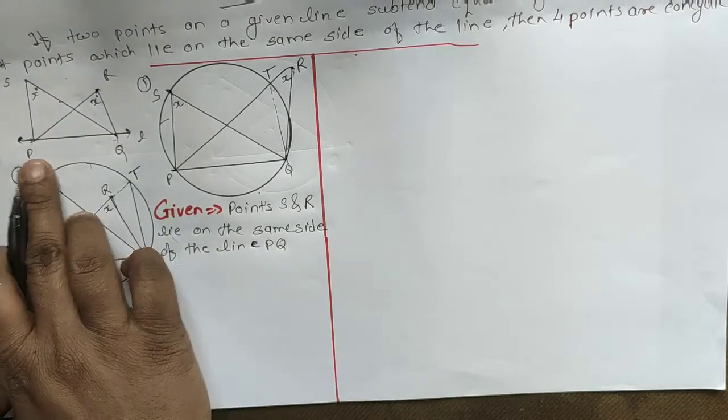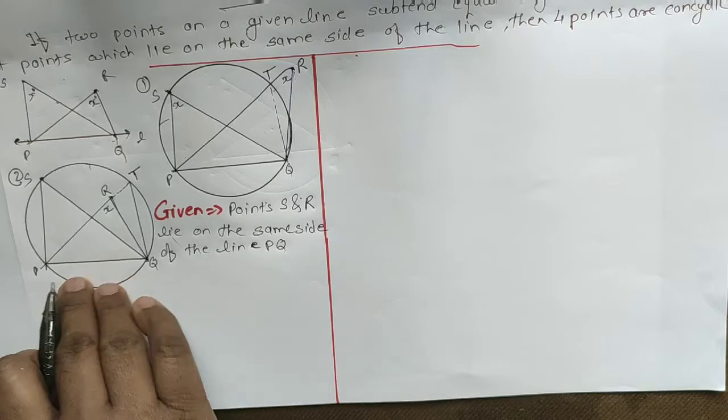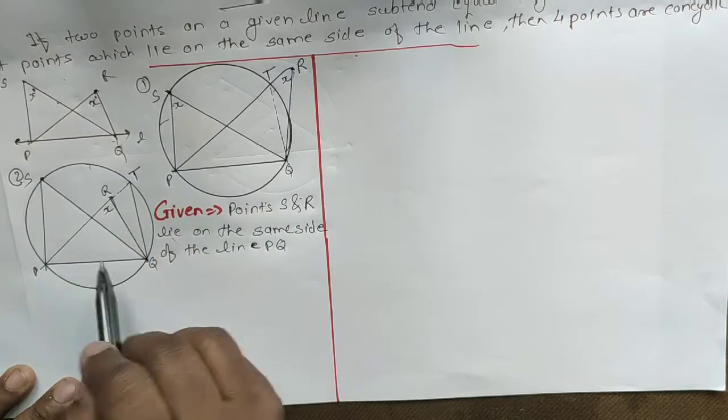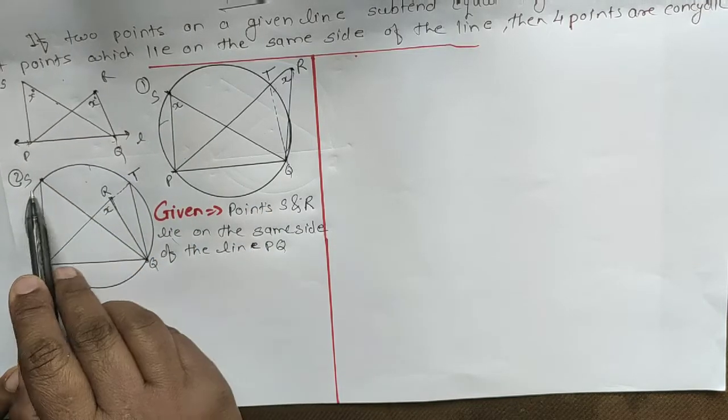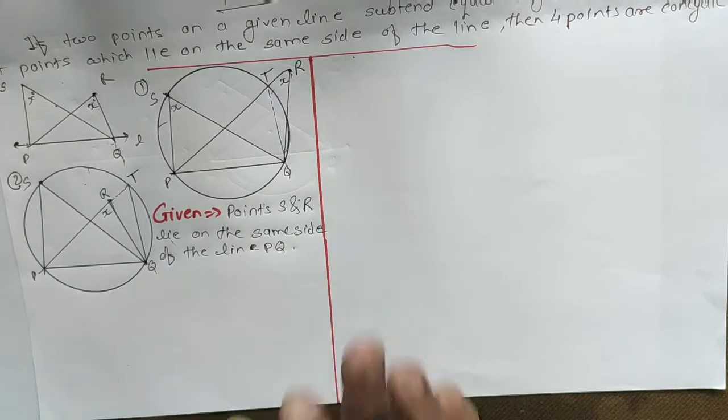In any figure you see, this is the PQ line, and on its above side, S and R points are there. These S and R lie above the line. Okay, so that is our given.